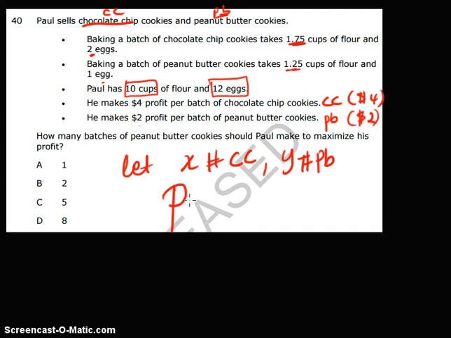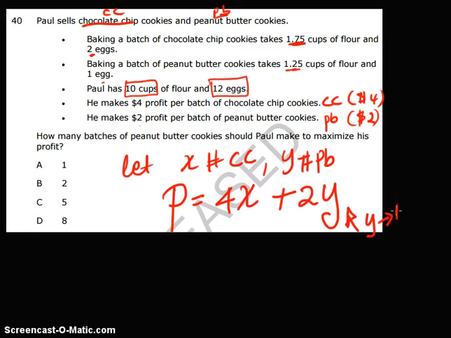The profit is given by 4 times X plus 2 times Y. So basically the question here is, what is Y?